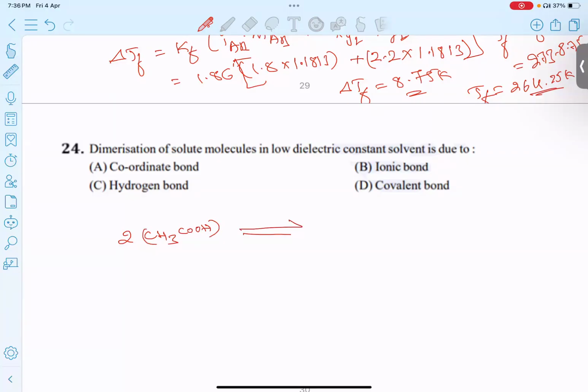They undergo dimerization to form one molecule, one particle. Dimerization is actually due to the type of bond between the two molecules of acetic acid combined to form one particle.